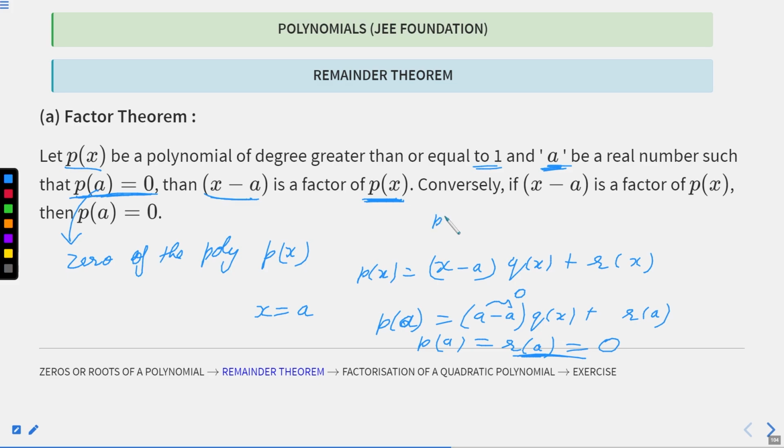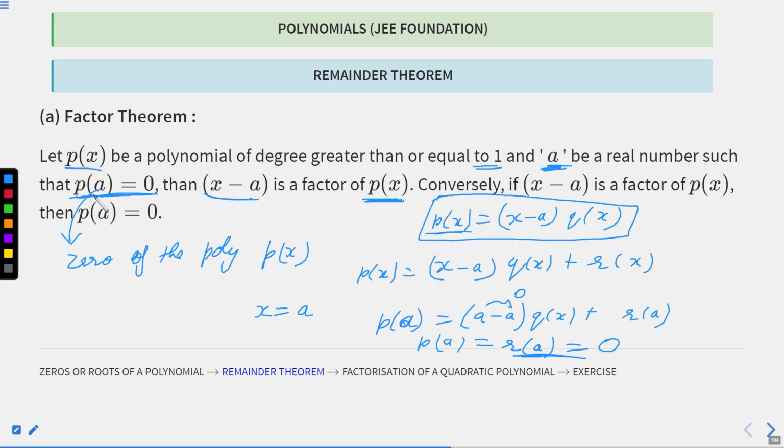So this means I can rewrite my polynomial like this. From here I can say that this polynomial can be rewritten as a product of two polynomials. Both the polynomials I will call a factor of the polynomial. I hope this is clear.